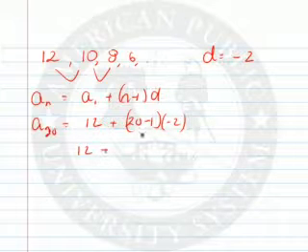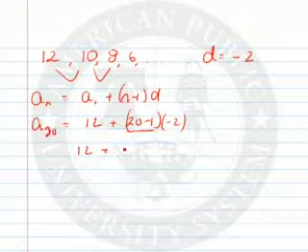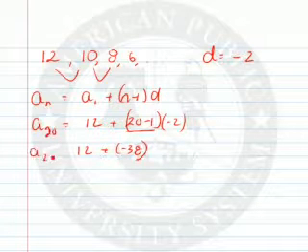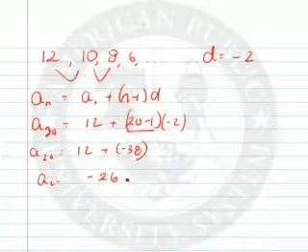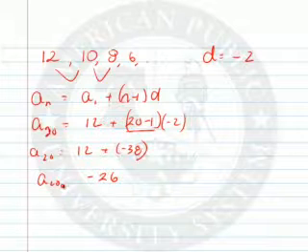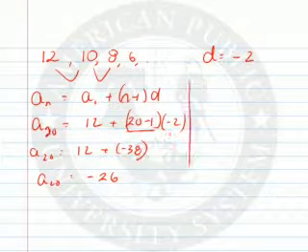This would be 12 plus 19 times negative 2, which is negative 38. So we add these two integers together, and we get a sub 20 is equal to negative 26.